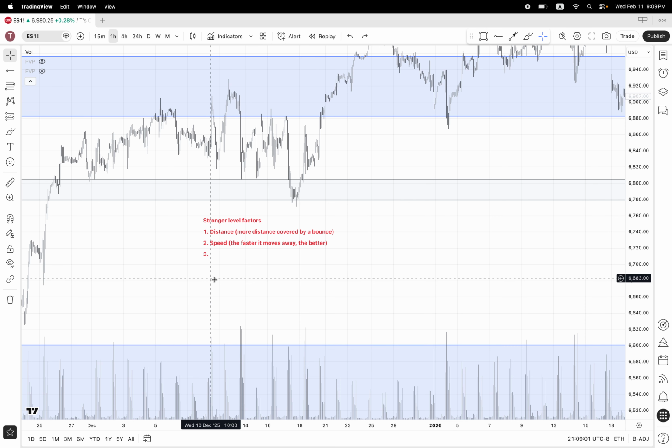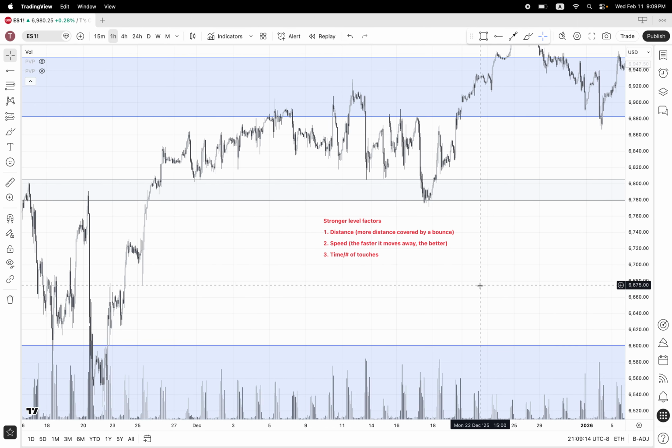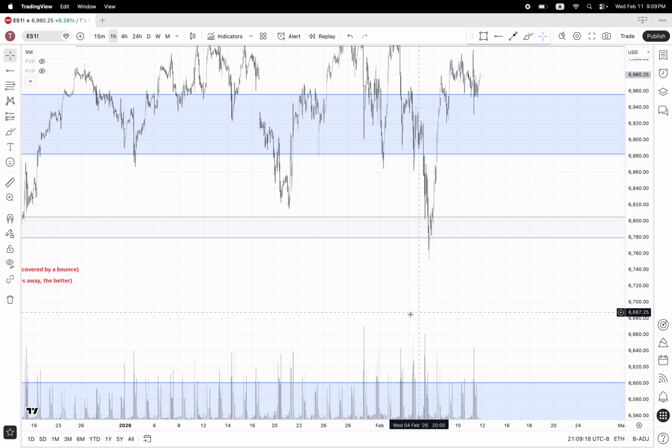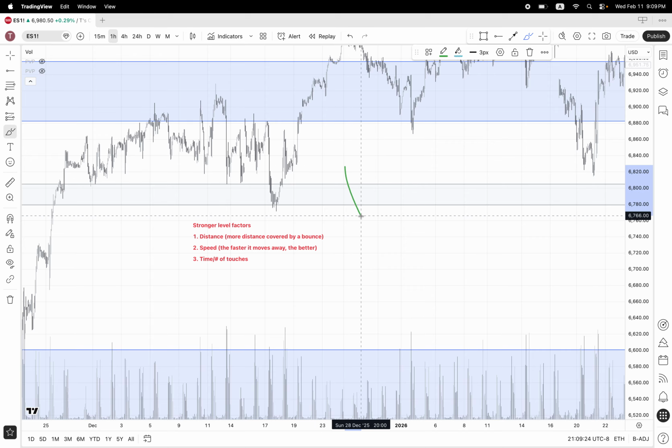And then the third factor is time, or number of touches. And what I mean by that, let's see. If the price comes here once, touches the level and bounces, you got your first touch.